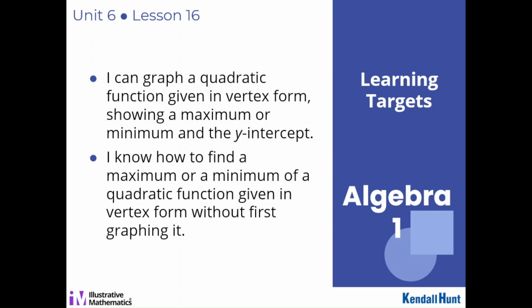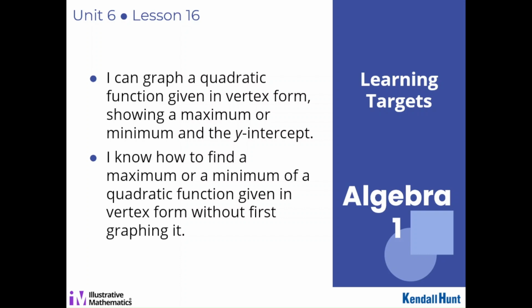Once you have those, you can plot your vertex. Then, because a y-intercept always has an x value of 0, you can substitute 0 in for x and solve for y to find your y-intercept. Once you have it, you can plot that.